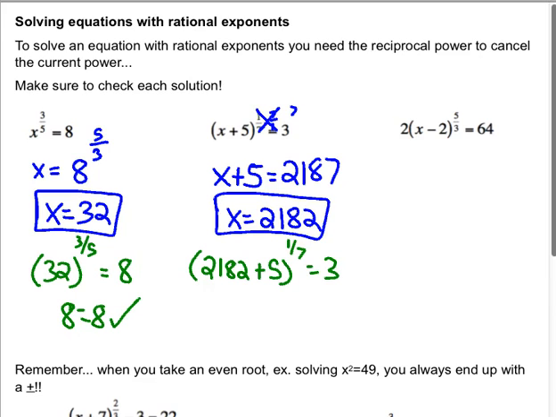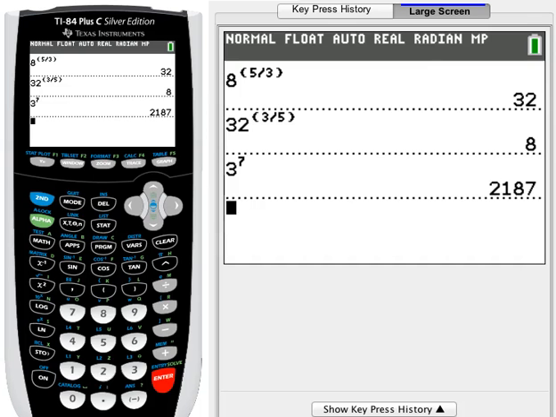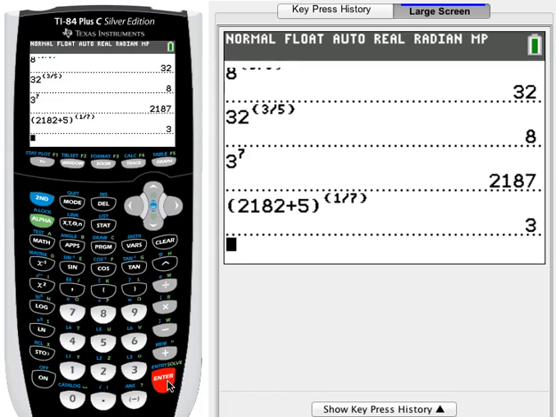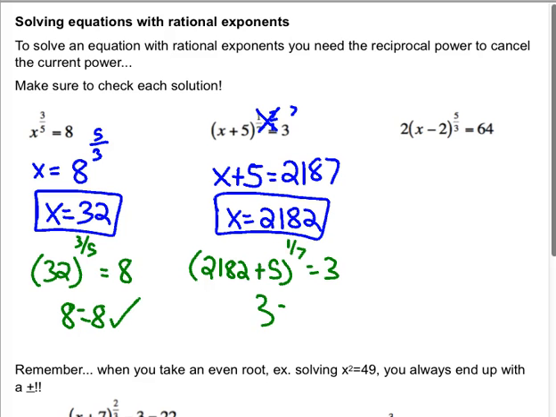Let's see if that actually equals 3. And I do get my answer of 3. So I am convinced that I have the right answer.